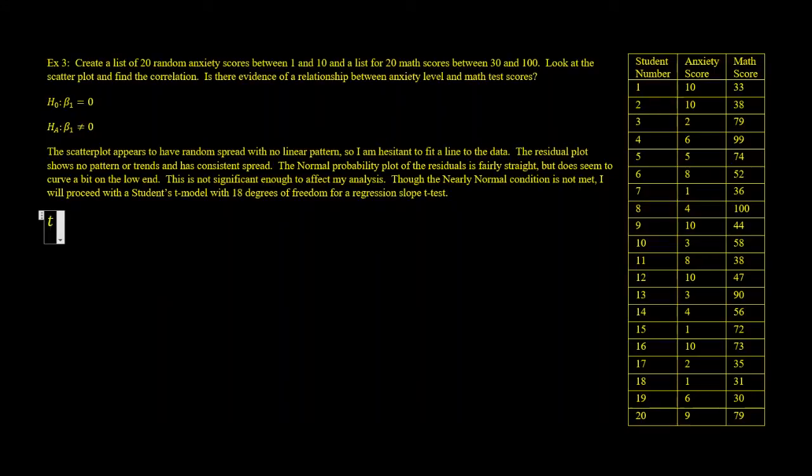T equals 0.60395. And the p-value is 0.5534. Degrees of freedom are 18. The R-squared is 0.0199.